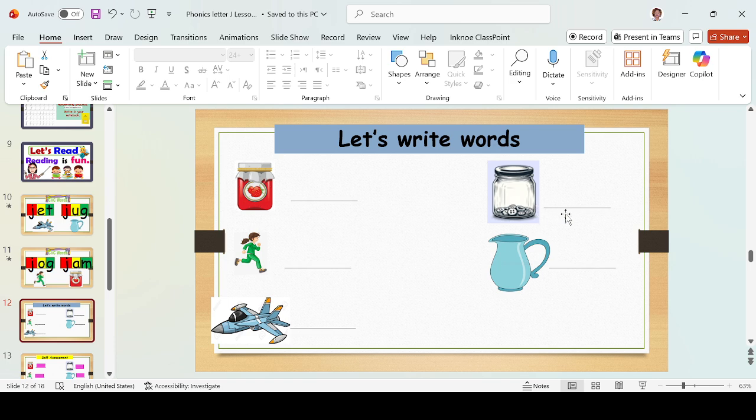I want you to write the letter J, then the letter A for apple, and then the letter R. Jar. Can you write? This is my surprise. I want to see how you're going to write it.